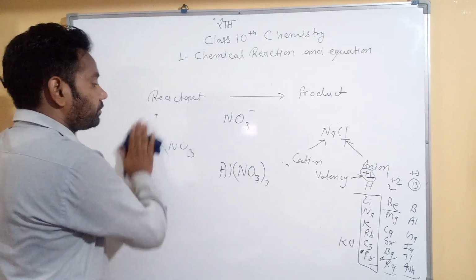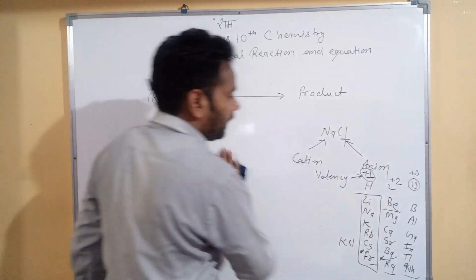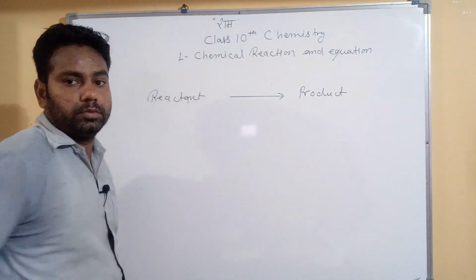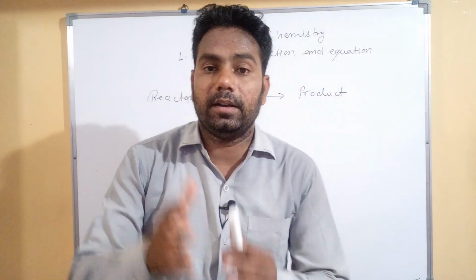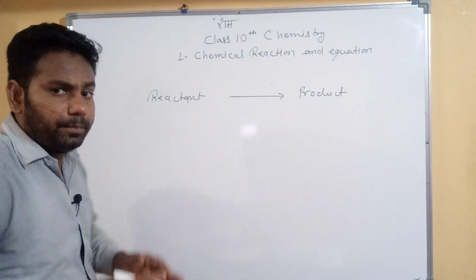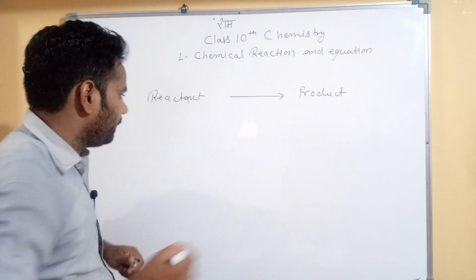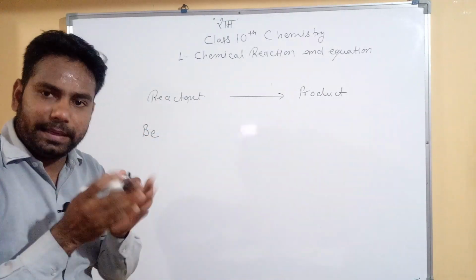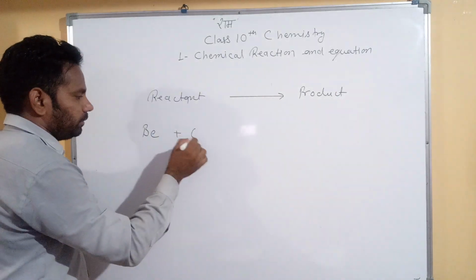Again, now we take some chemical reactions, because today our topic is chemical reaction. If I say beryllium reacts with oxygen, the formula of beryllium is Be, reacts with oxygen.